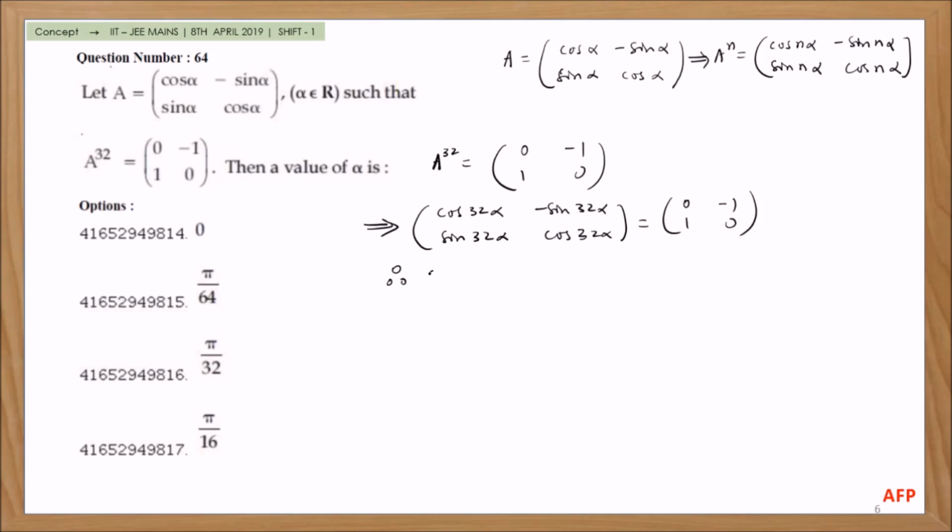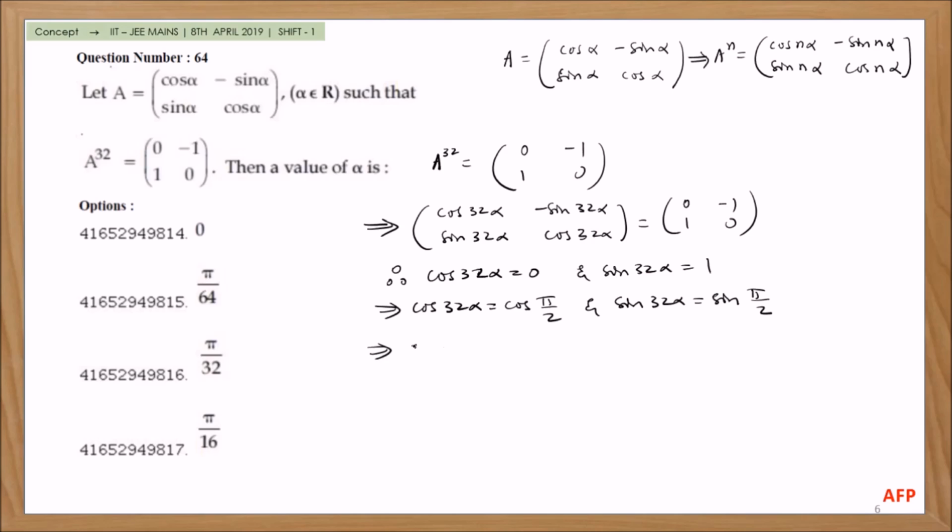Therefore you can write cos 32 alpha is equal to 0 and sin 32 alpha is equal to 1. This implies cos 32 alpha is equal to cos pi by 2 and sin 32 alpha is equal to sin pi by 2. Here we will use the general solutions.